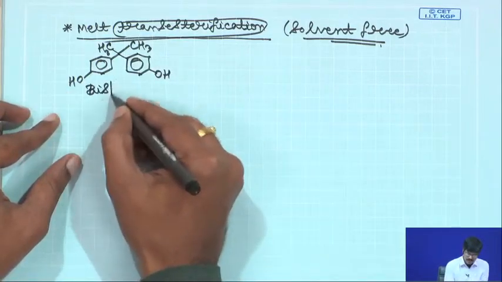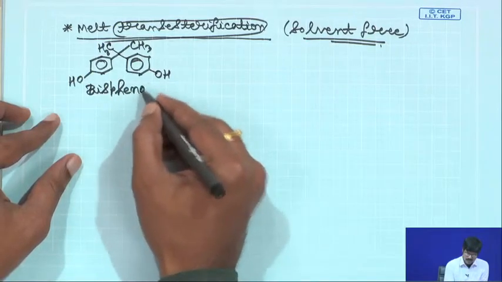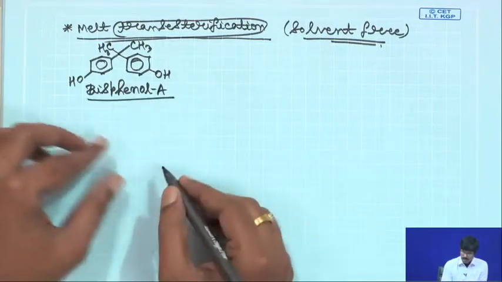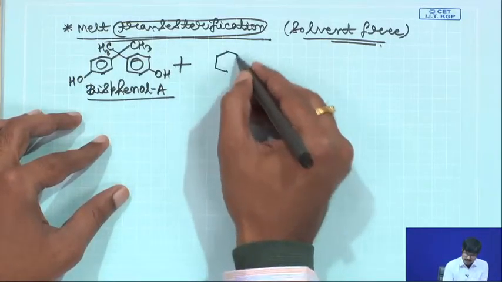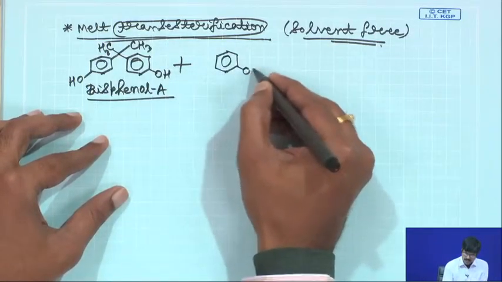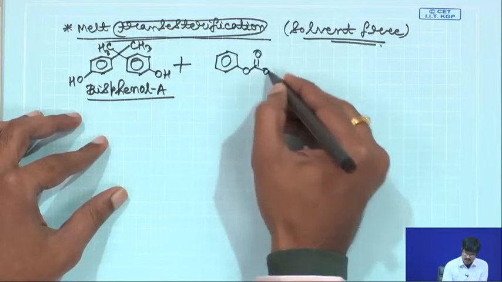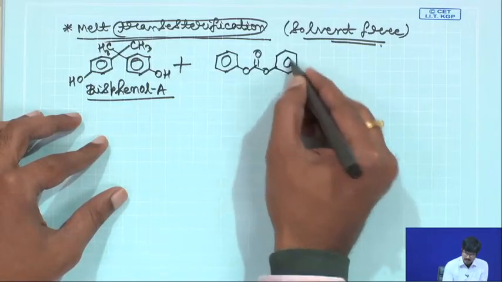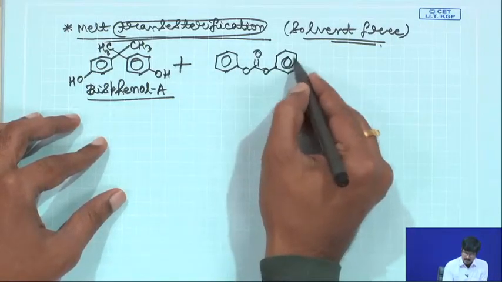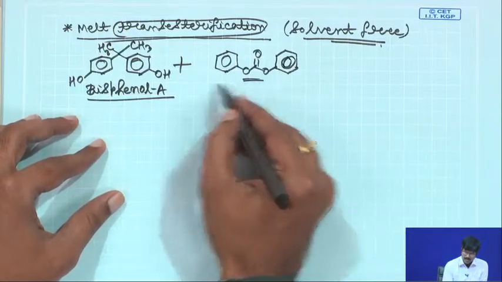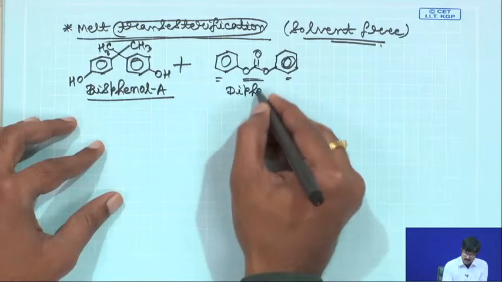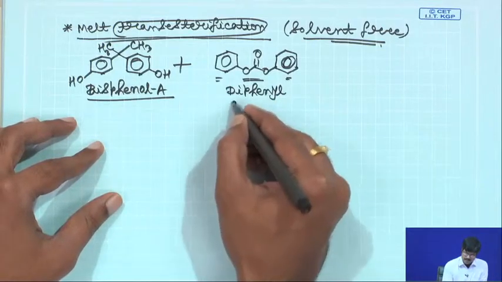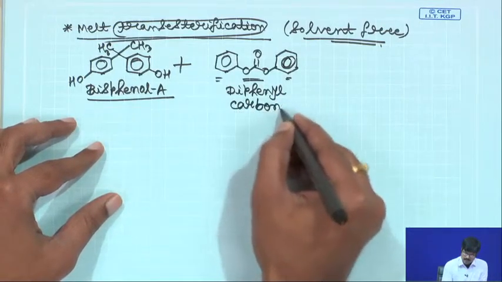So, this is your bisphenol A. Now, bisphenol A you can react with this molecule. So, this is a carbonate linkage and there are two phenyls. So, this is basically your diphenyl carbonate.